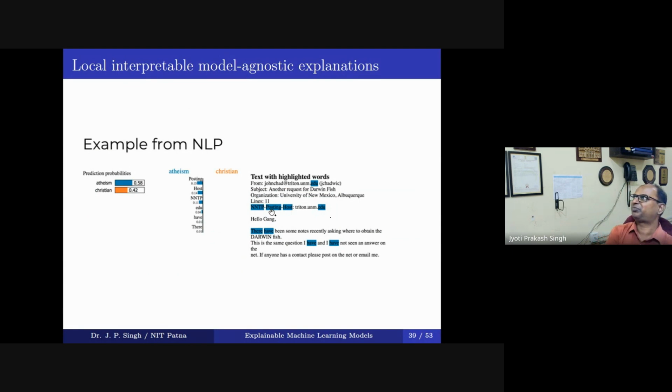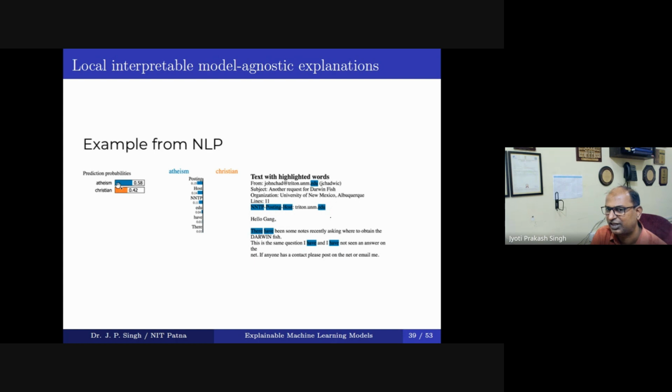This is from an NLP example. If you have natural language processing text and you apply NLP, here it was classification of Catholicism versus Christian. It has highlighted certain words, and it is classifying this as atheism because of these highlighted words.